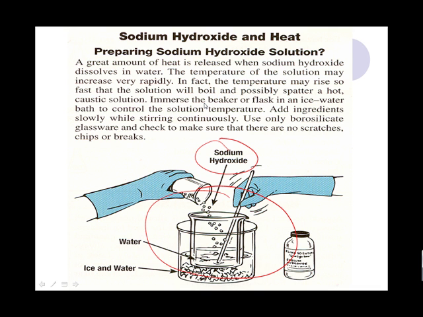So, in order to prevent any harm to whoever is trying to dissolve sodium hydroxide into water, you have an extra container outside the beaker, and this container has ice and water in it, which will absorb all the heat that comes out of this dissolving process and make it a little bit safer.